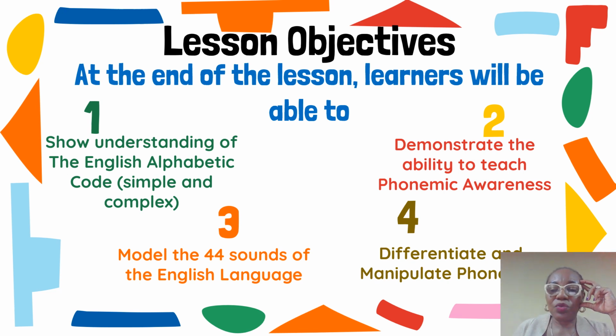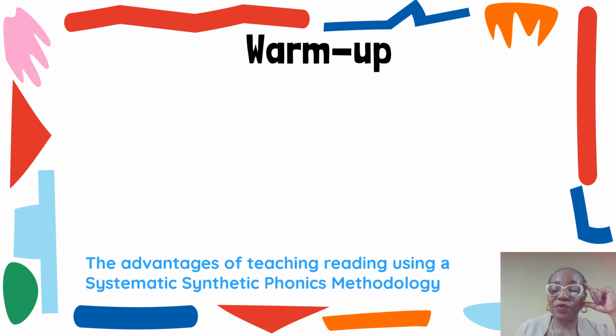But with practice and with help, they'll be able to actually learn phonemic awareness. The third thing that we're going to do is model the 44 sounds of the English language. So go through all of that as this video goes on.